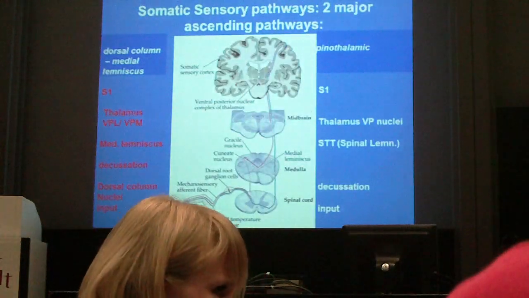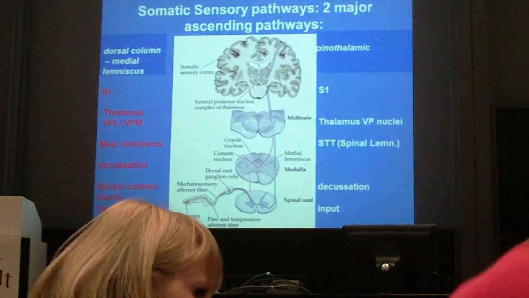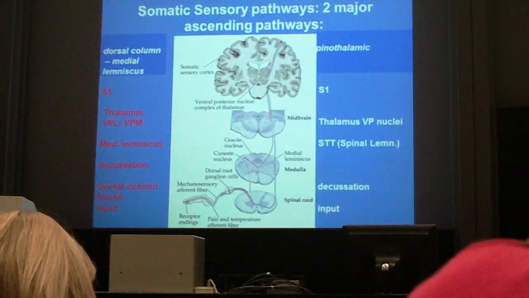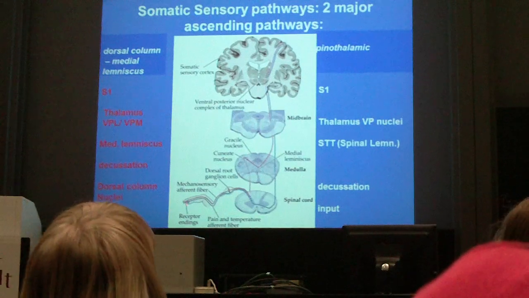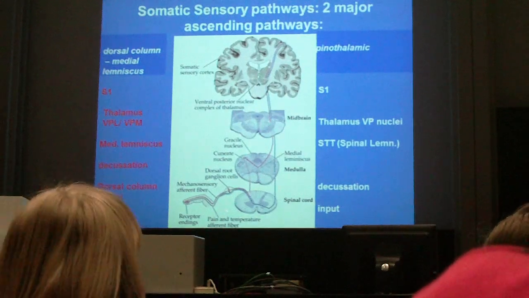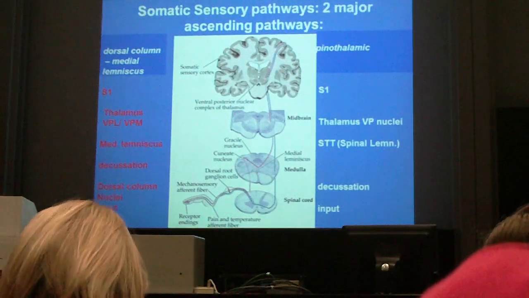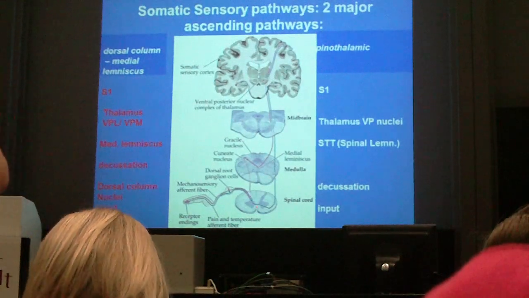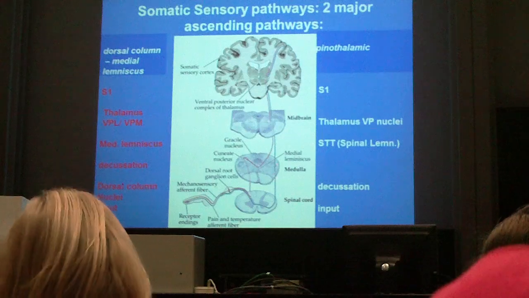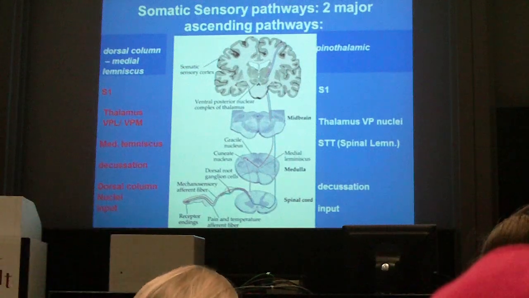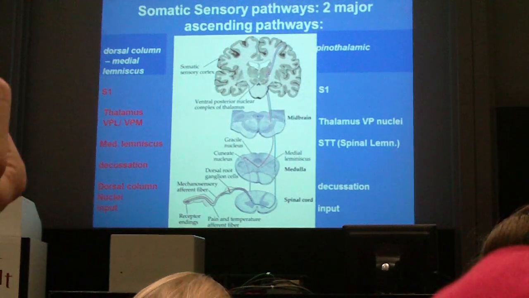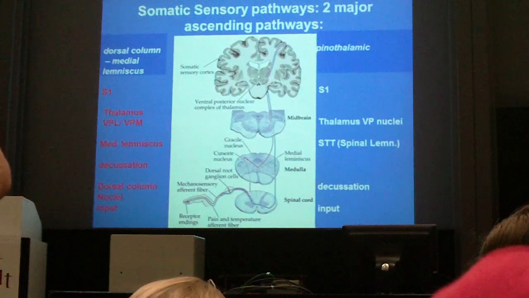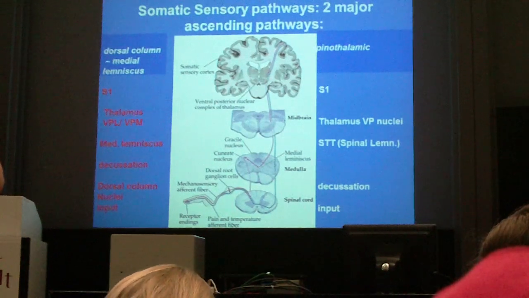One is this one, shown in blue. You see the pain fibers coming in, the C fibers and the A delta fibers mainly, in the spinal cord, and they go up through the spinothalamic tract to the thalamus, and then you have projections to the cortex.